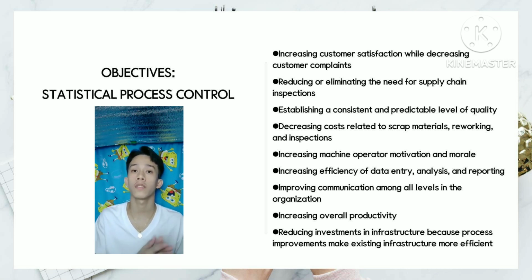First is increasing customer satisfaction while decreasing customer complaints. Next is reducing or eliminating the need for supply chain inspection. Next is establishing a consistent and predictable level of quality.